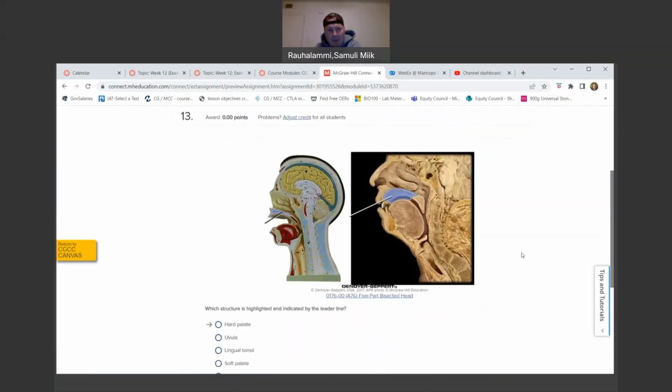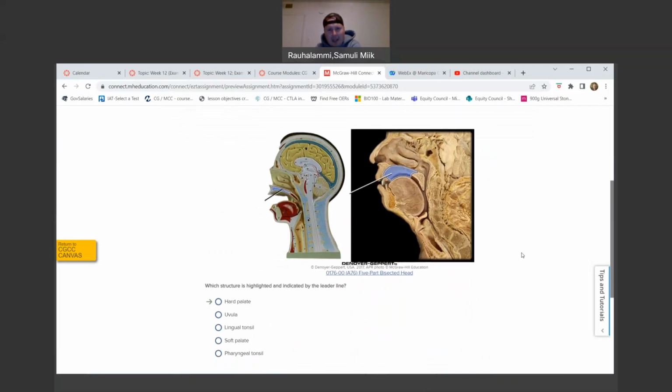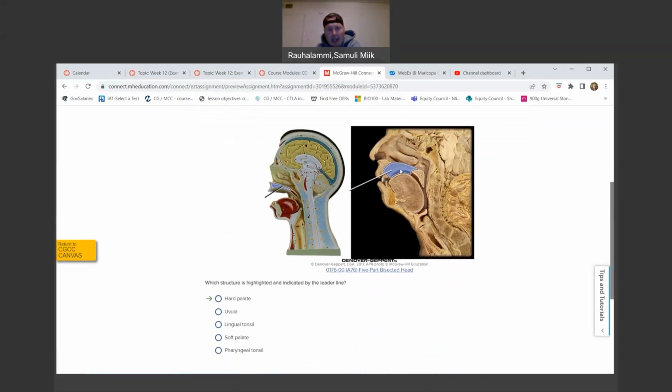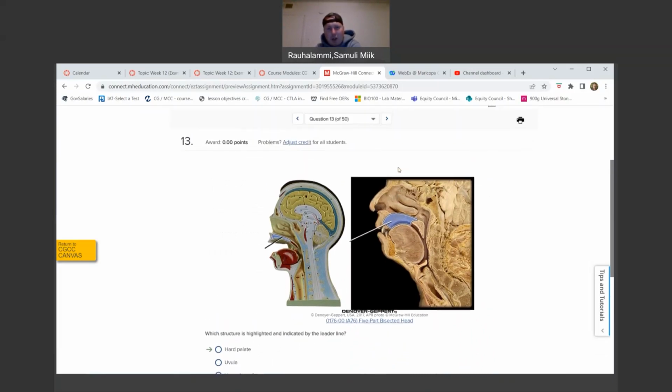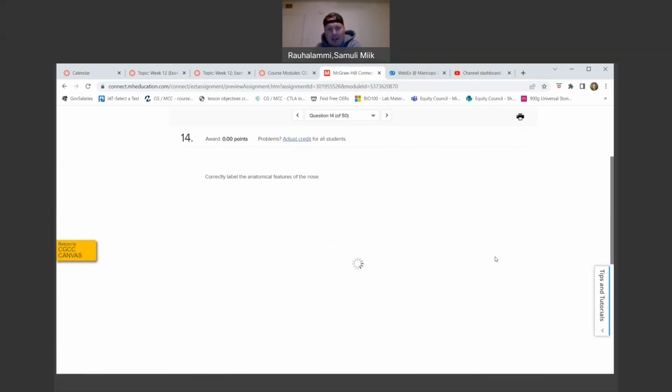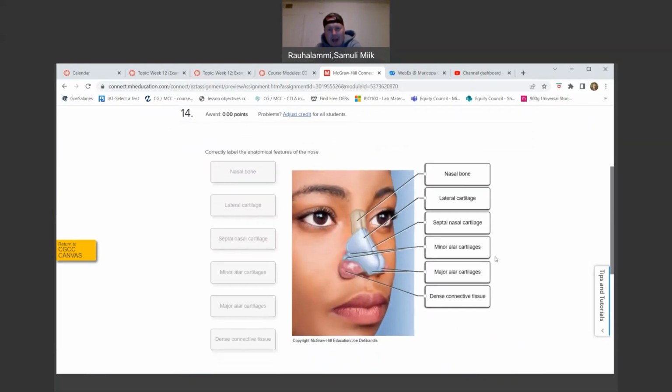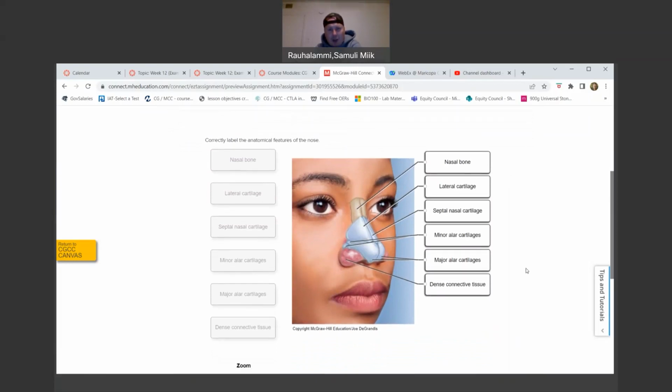Let's have a look at what we're seeing here. We're seeing the hard palate, the most anterior portion of the palate, called hard palate because there's a bony structure within it. Next one, what we're seeing is the various different structures that are anatomical features of the nose.